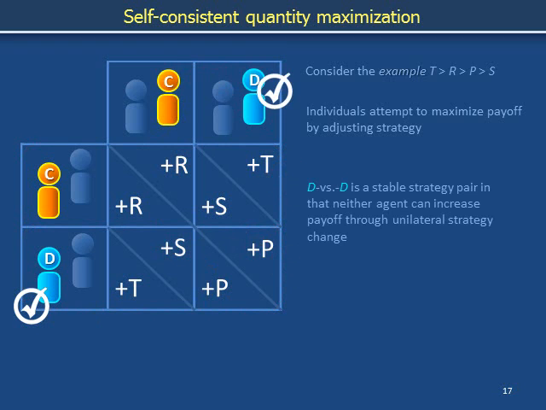We say that denim versus denim is a stable strategy pair in the sense that neither business person can increase his or her payoff through unilateral strategy change.